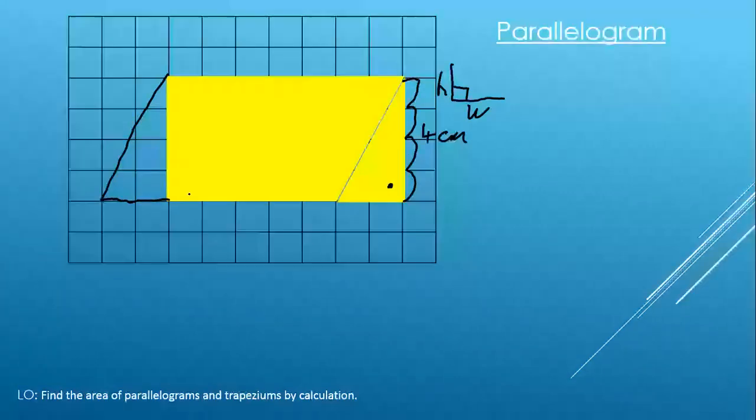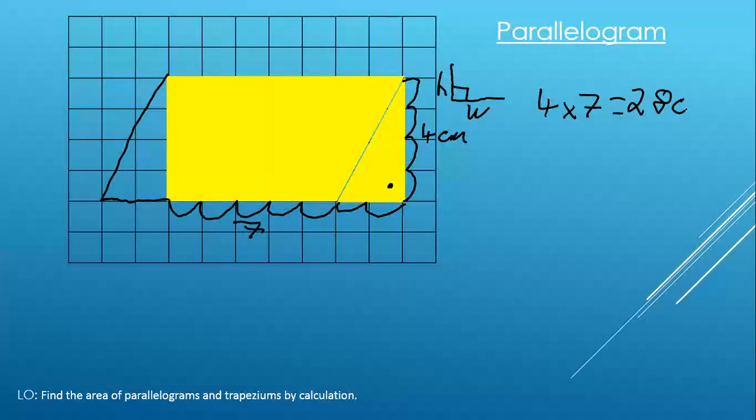And the horizontal width here, 1, 2, 3, 4, 5, 6, 7. So that's 7 there. So to work out the area of a parallelogram, again, we have to find the perpendicular height and width. So in this case, that is 4 times 7, which gives us 28 centimeters squared.